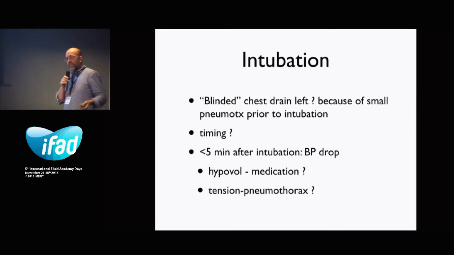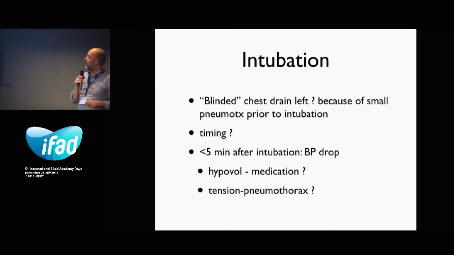The literature says that you can wait with these patients, knowing there's a pneumothorax, and if the patient goes less good, blood pressure drops, you can still put a chest drain in, but at what timing? So what happens, of course, 5 minutes after intubation, his blood pressure drops. Is this due to hypovolemia?